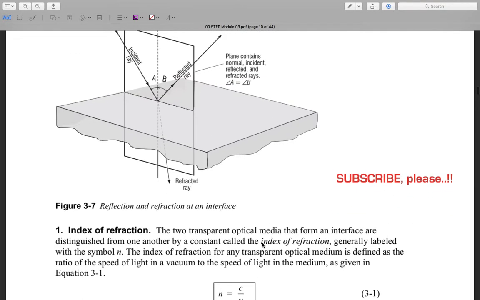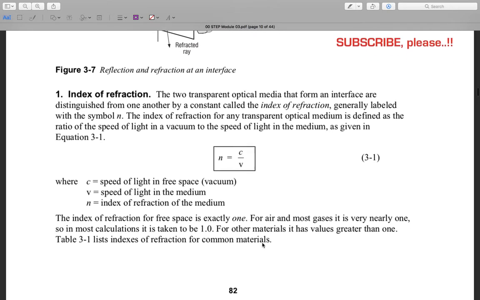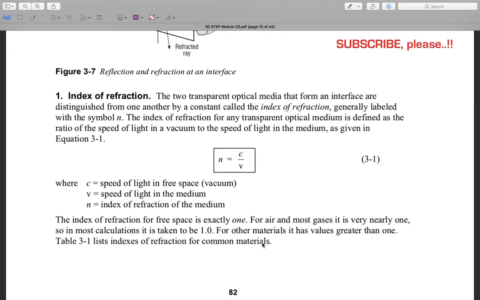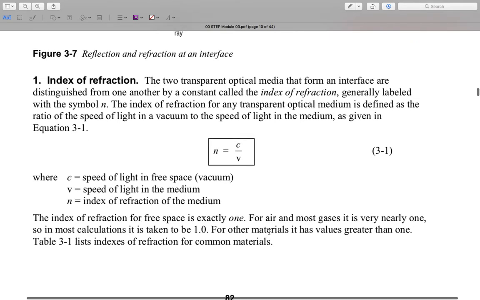Now, the index of refraction. Let me read first. The two transparent optical media that form an interface are distinguished from one another by a constant called the index of refraction, generally labeled with the symbol n.